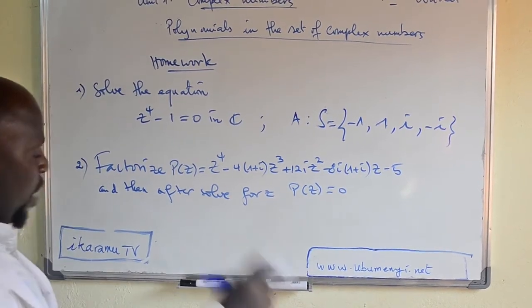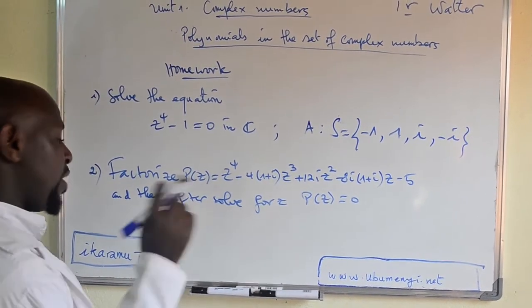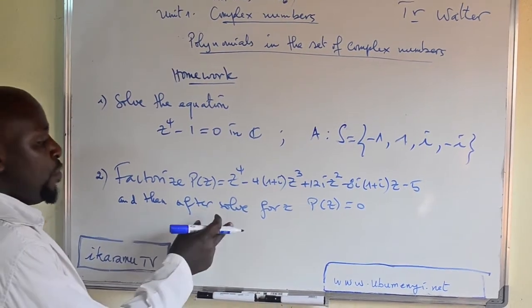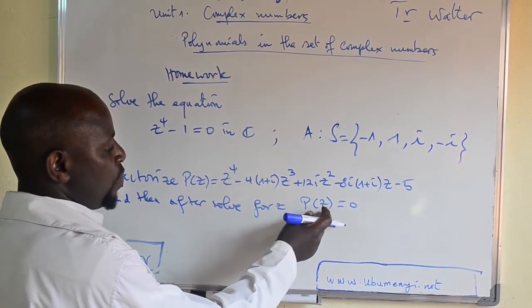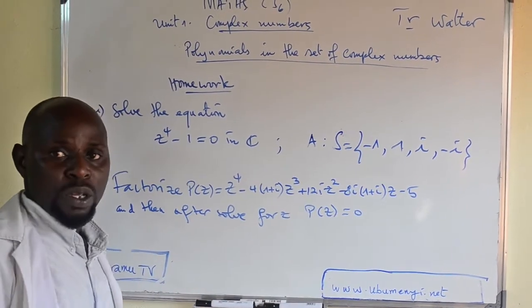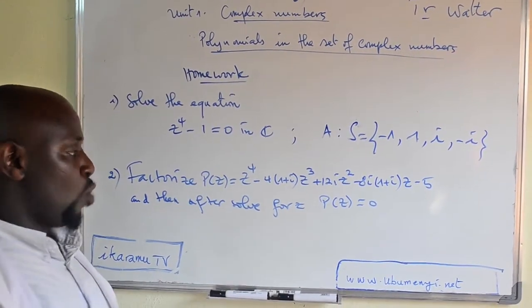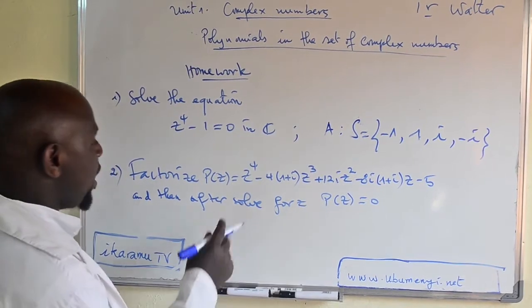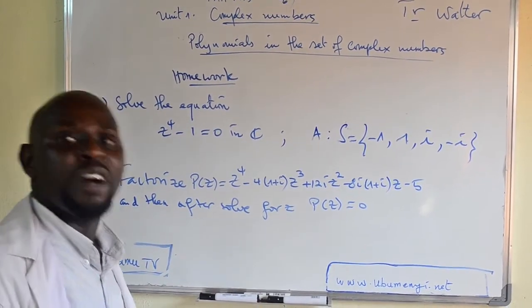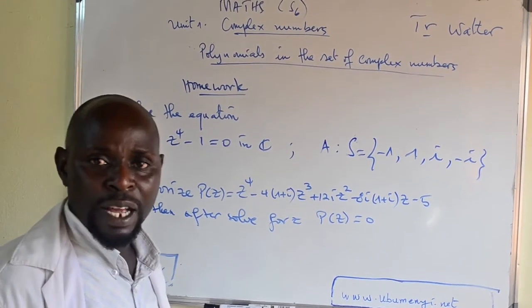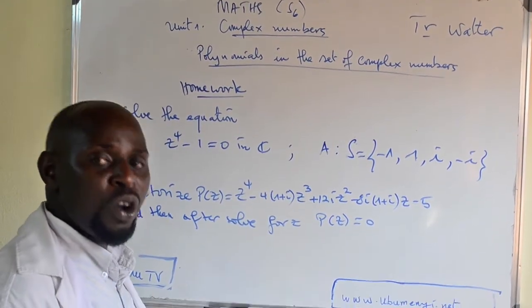I'm asking you to factorize that polynomial, and after factorizing it, you have to solve for z, for P(z) = 0, which means that you get the solutions, ladies and gentlemen. But always remember one thing: you should always start by factorizing, and after finding the factors, there you have to solve.